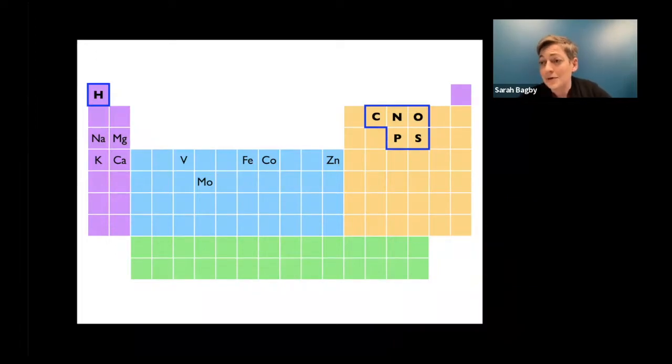Like every other kind of organisms we know of, microbes are built substantially of just 6 elements: hydrogen, carbon, nitrogen, oxygen, phosphorus, and sulfur. They also rely on a handful of important alkali and alkali earth metals: sodium, potassium, magnesium, calcium, and then some key transition metals that are important for crucial chemical reactions to be catalyzed.